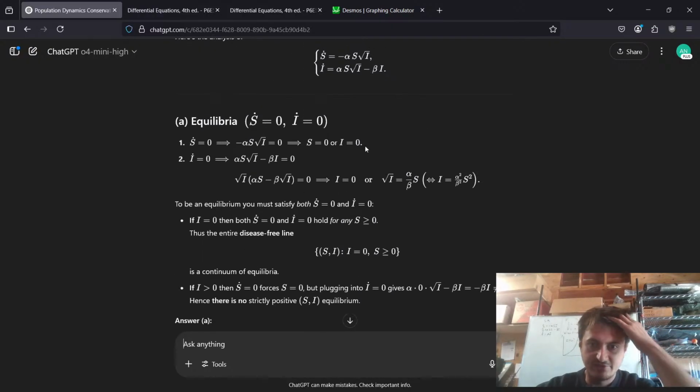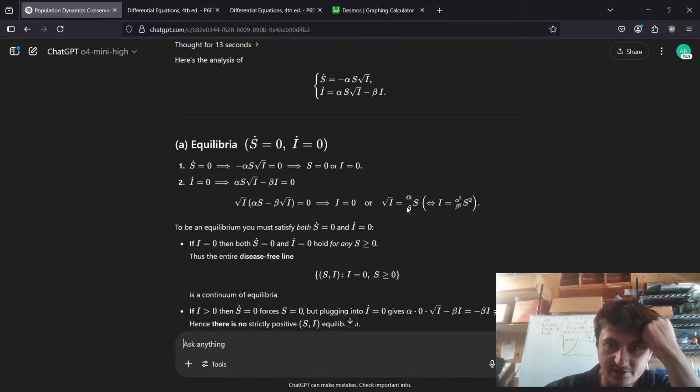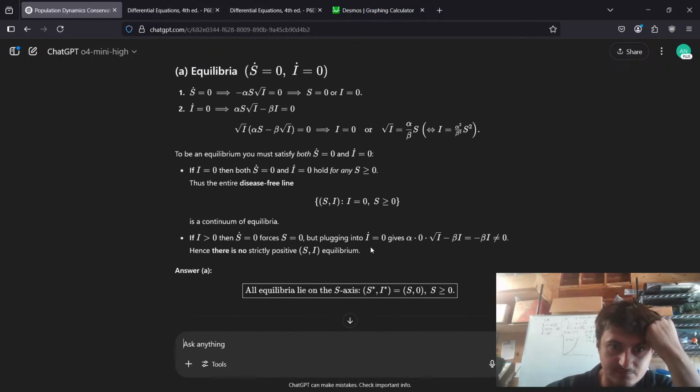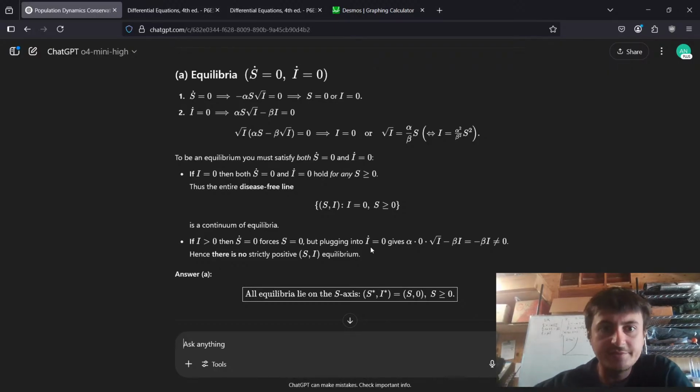Okay, wait. Let's just make sure that we got this right. So the equilibria. I did not get that right.